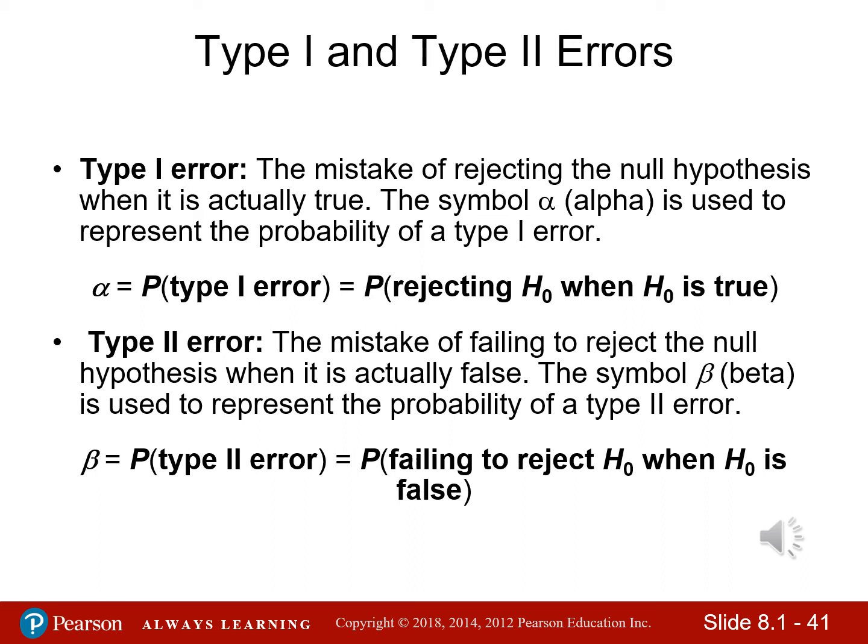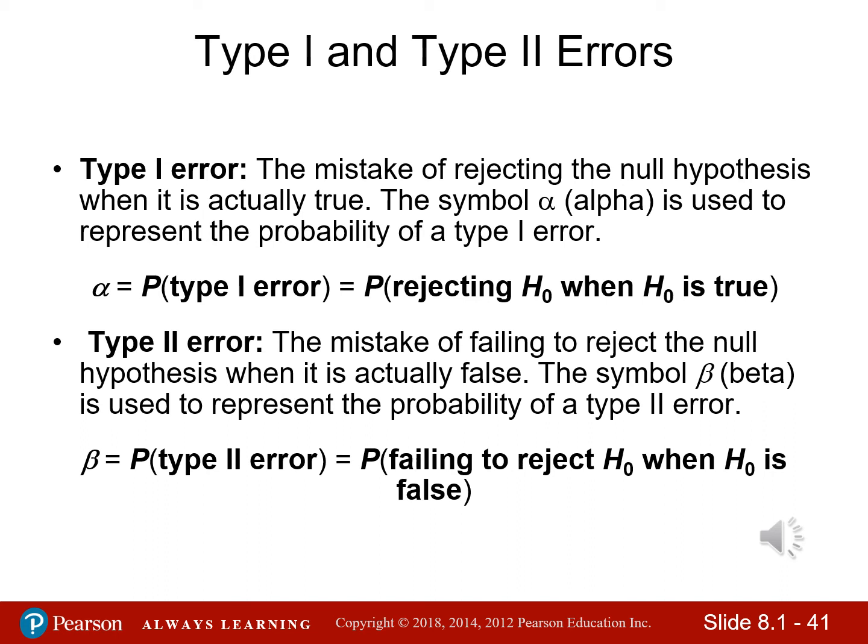Type 1 error is the mistake of rejecting the null hypothesis when the null hypothesis is actually true. The symbol alpha is used to represent the probability of a type 1 error. So we say that alpha is equal to the probability of a type 1 error, or the probability of rejecting the null hypothesis when the null hypothesis is true.